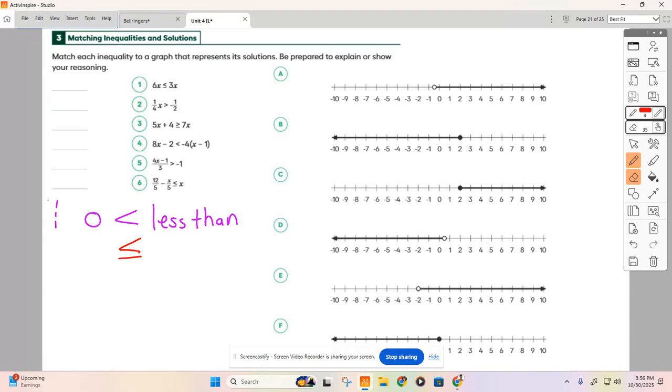Less than or equal to is going to have a closed, filled-in circle. When we graph these on Desmos, it will be a solid line.